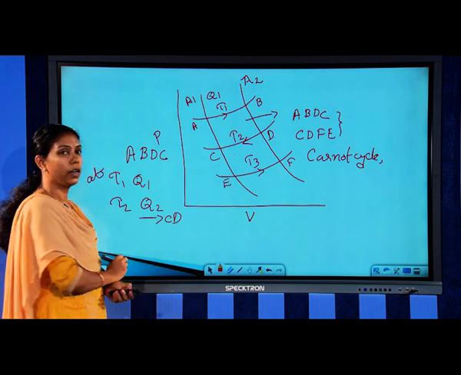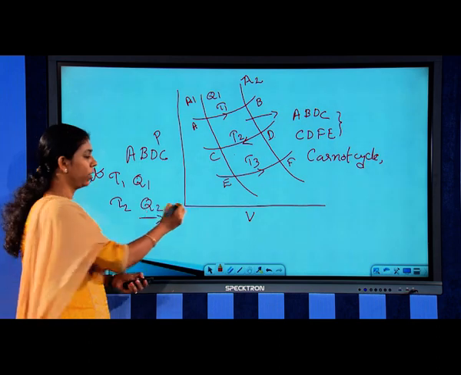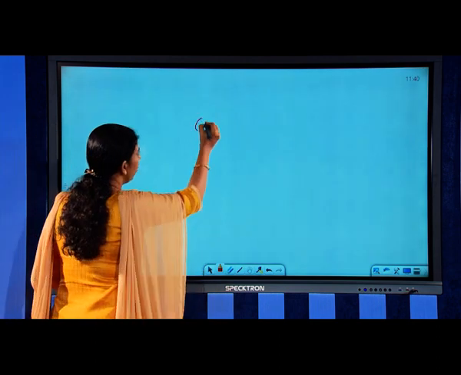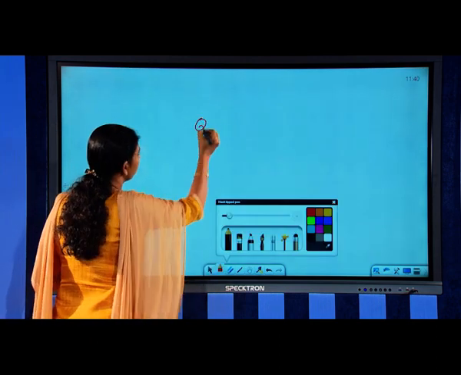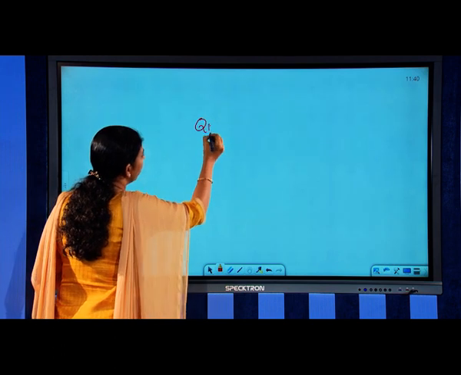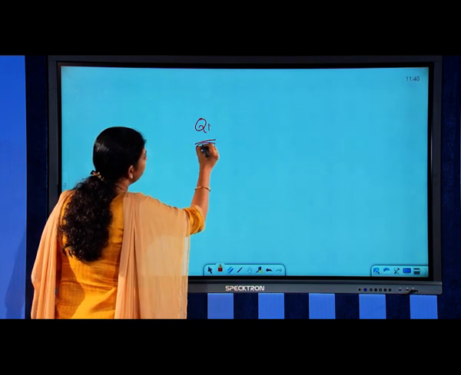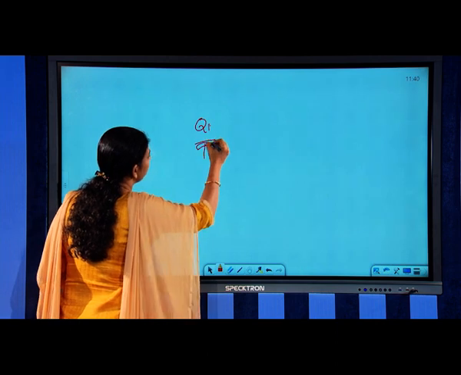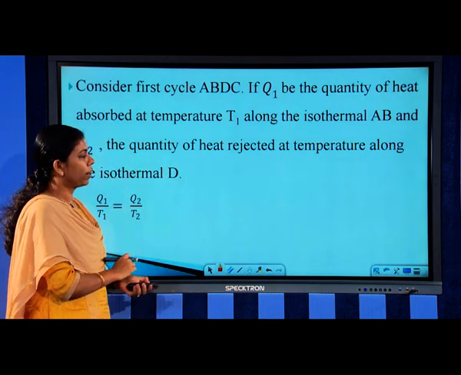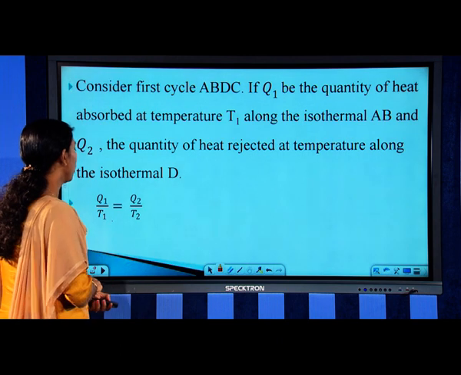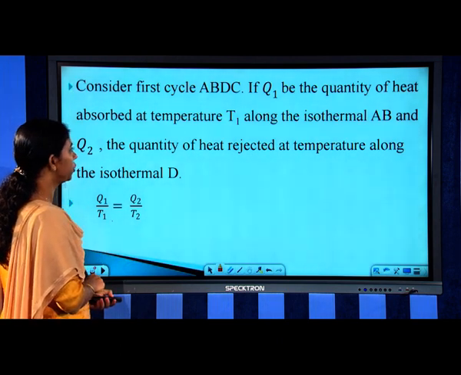So, in the Carnot cycle we can write Q1 by T1 is equal to Q2 by T2.